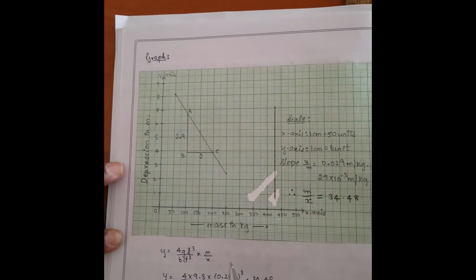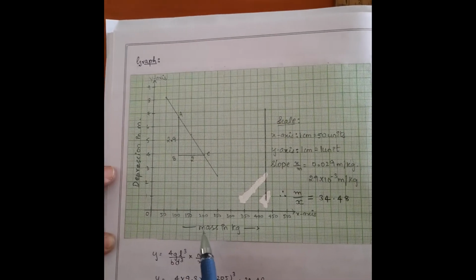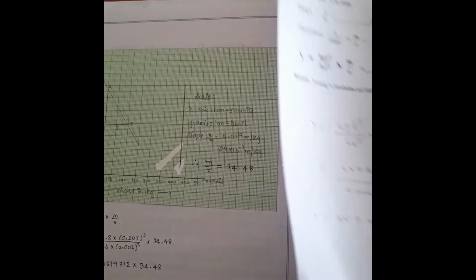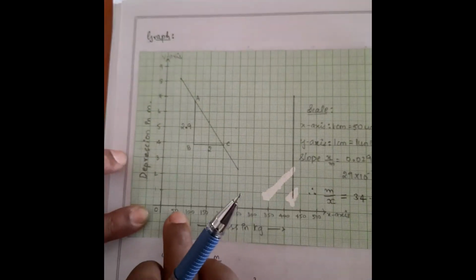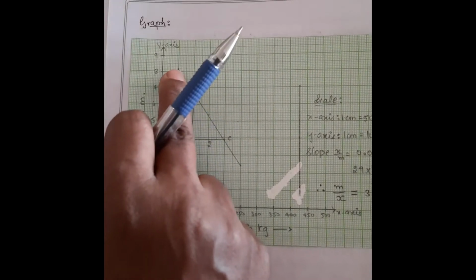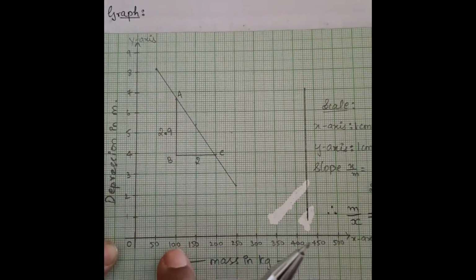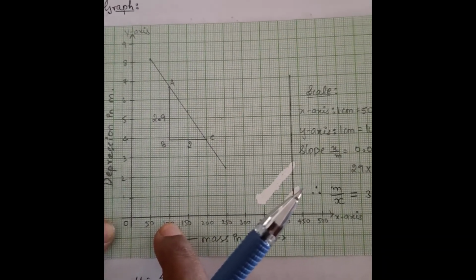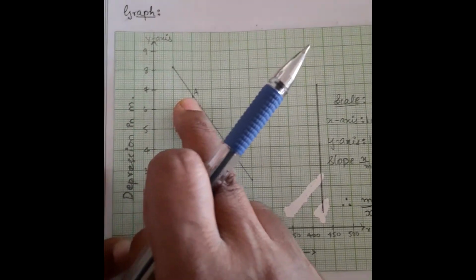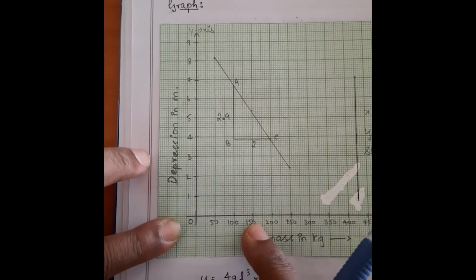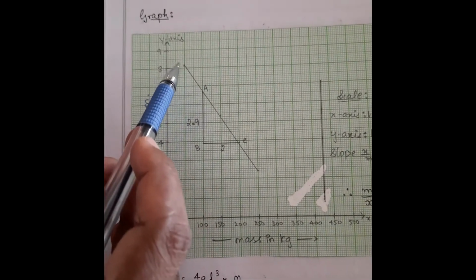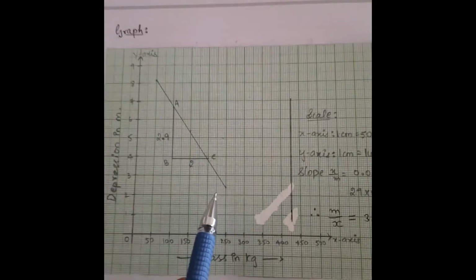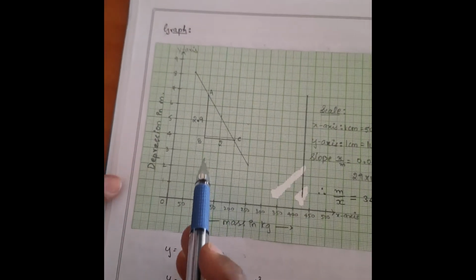According to these readings, for 0 it is around 9.47, then for 50 grams it is 8.1, then for 100 it is found to be 6.75, and then for 150 it is 5.46. Like this we get points, and joining all the points we get a straight line as shown in this graph, and take the slope.